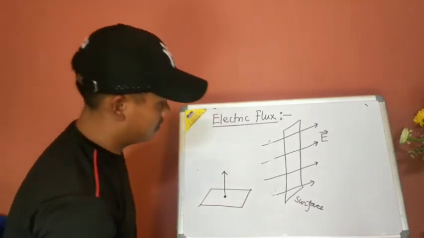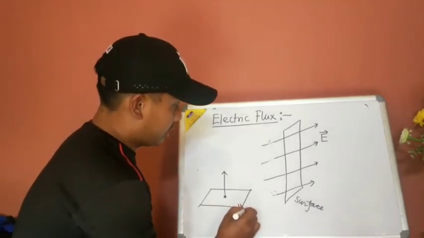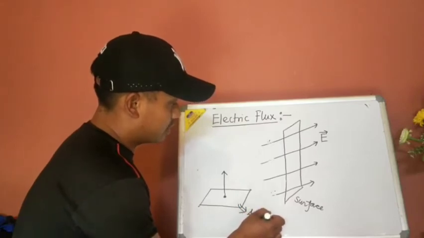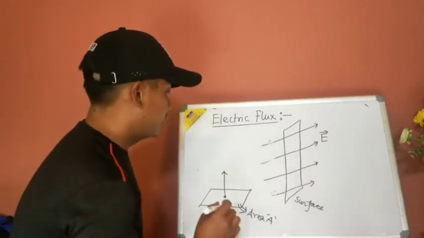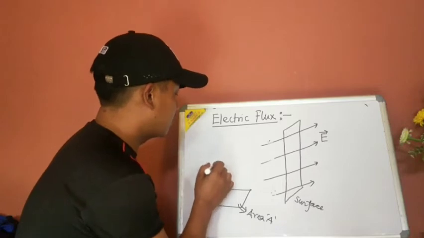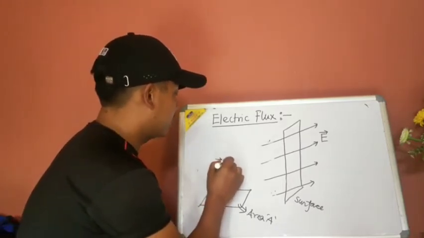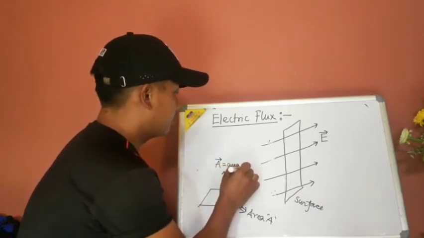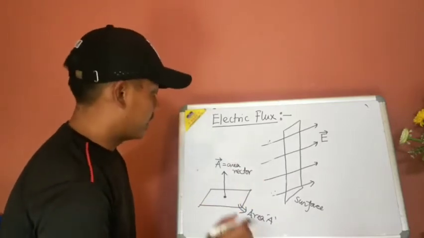There is a vector which is perpendicular to the surface, which is denoted by A vector, and it is called the area vector.